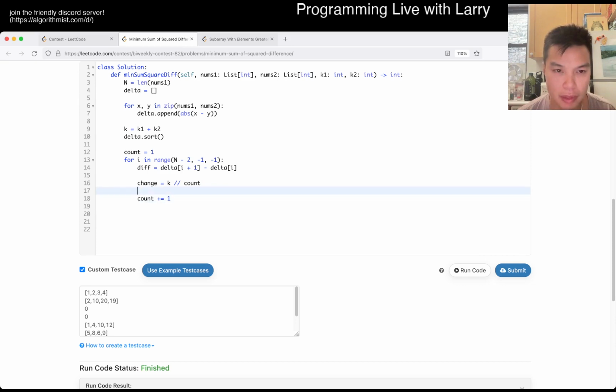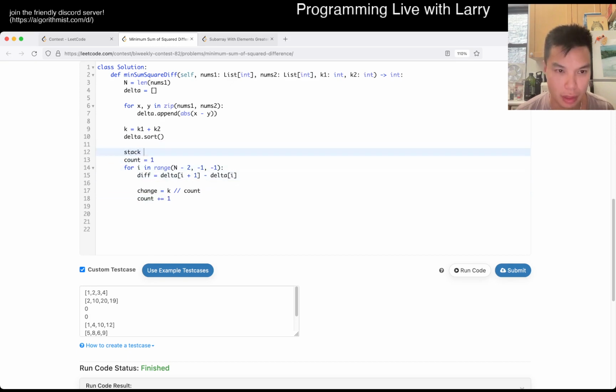That's how much we can change in theory. And let's just do it with a stack.